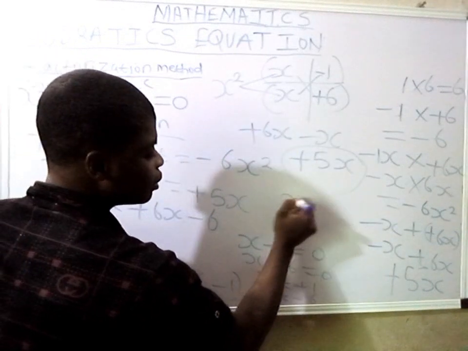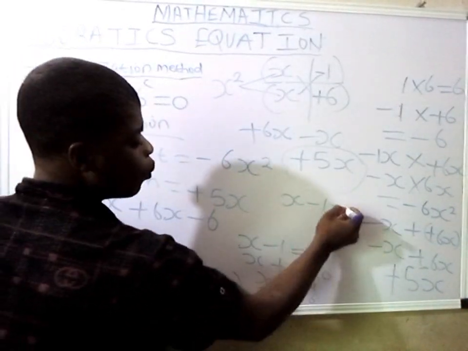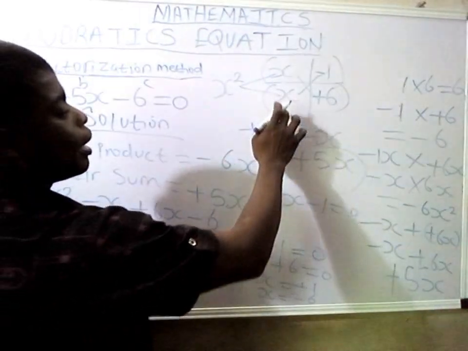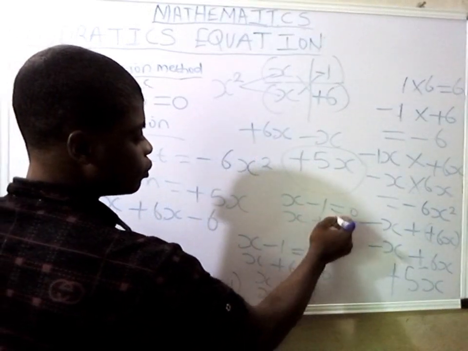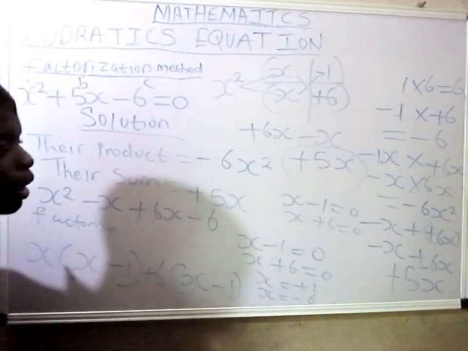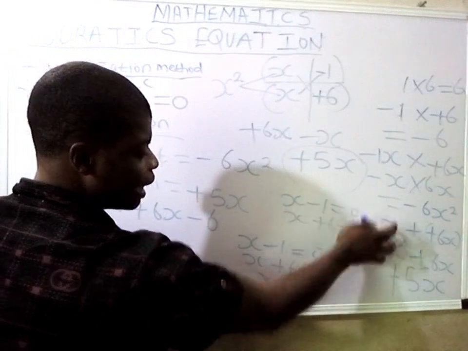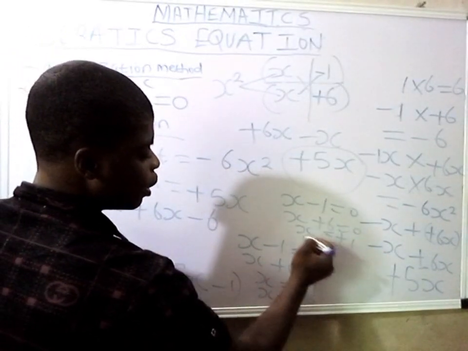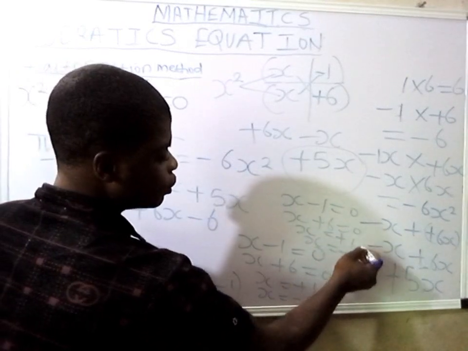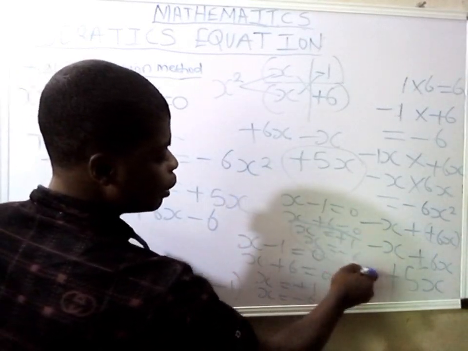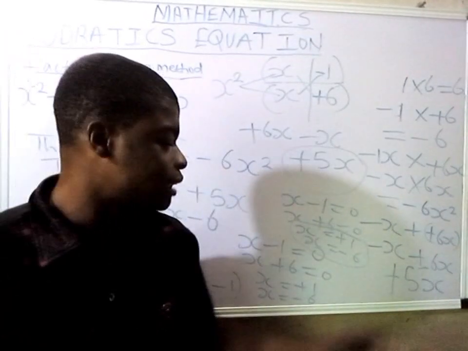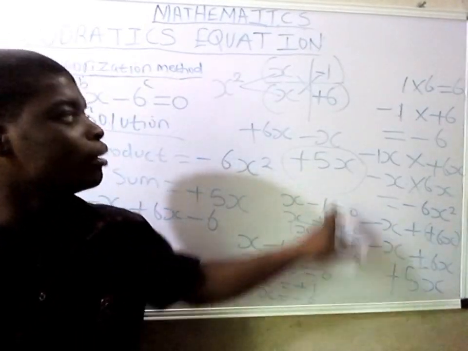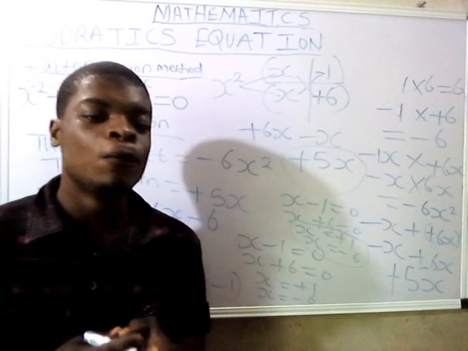By saying x minus 1 equals 0, x plus 6 equals 0. Then if we bring it out, x equals plus 1 and x equals minus 6. As you can see, we got the same answer here. So this method is fast and reliable.